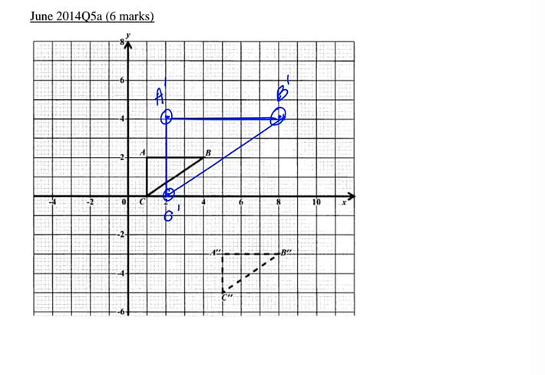And transformation M looks as if it is a translation. Now a translation is moving in a straight line without turning. So let us describe this transformation fully.